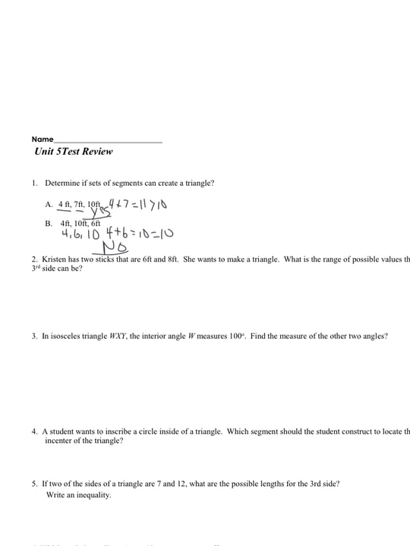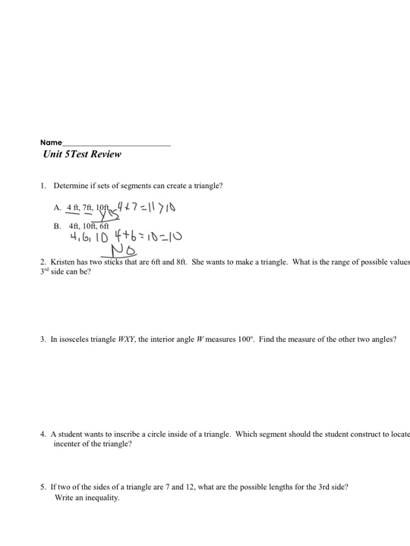Number 2, Kristen has 2 sticks that are 6 feet and 8 feet. She wants to make a triangle. What is the range of possible values that the third side can be? So, possible third side of a triangle, real easy. X in the middle, less than on both sides. It's a range. The small number, you subtract the 2 you're given. 8 minus 6, that's 2.